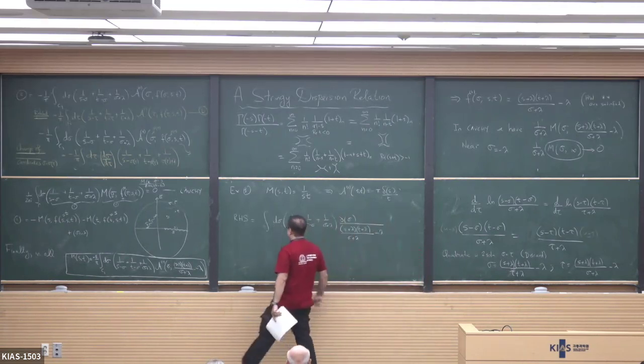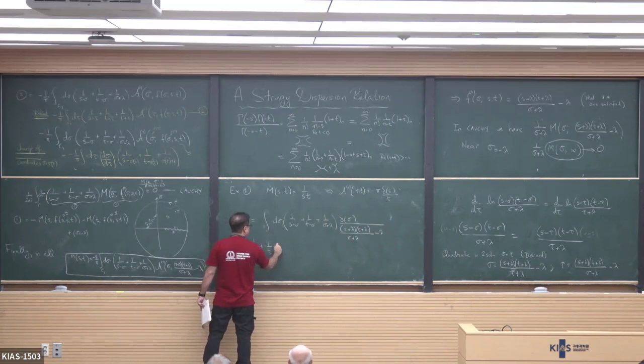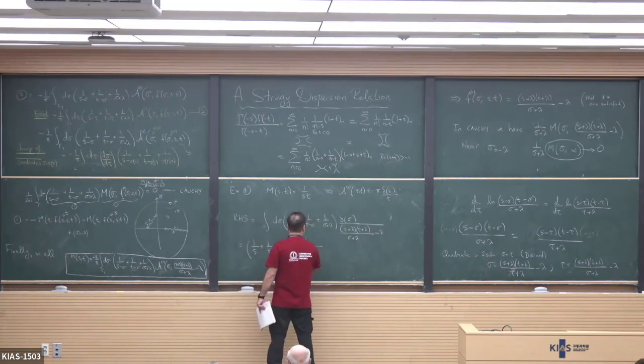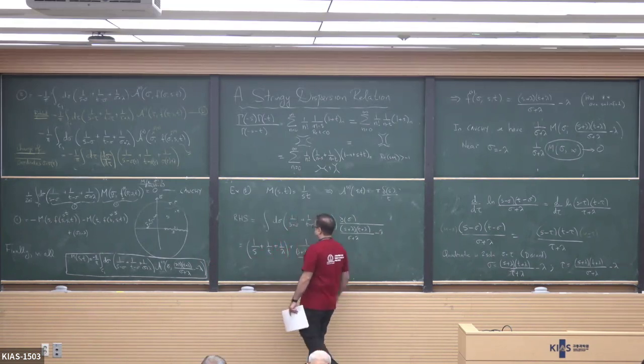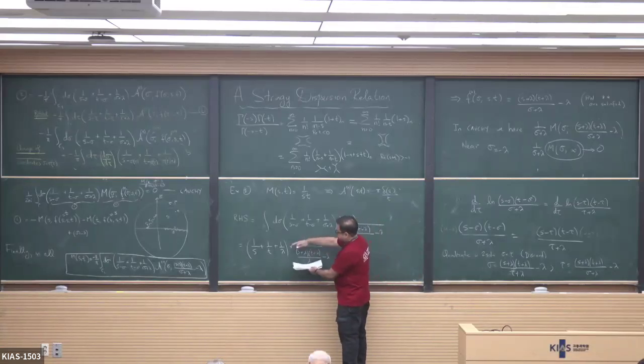So now the integral is straightforward. So this is equal to 1 over s plus 1 over t plus 1 over lambda, times 1 over s plus lambda, t plus lambda over lambda, minus lambda. And you can expand this.